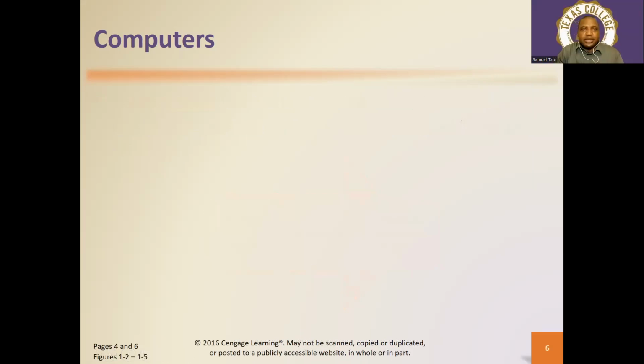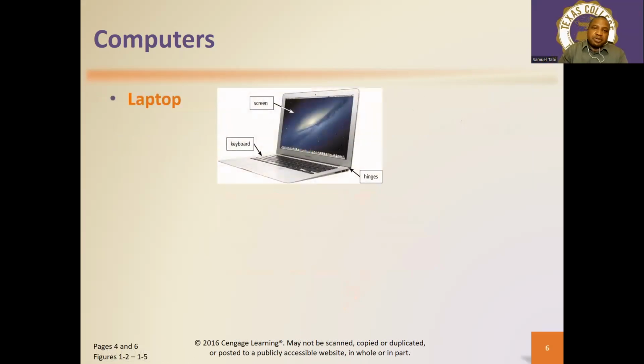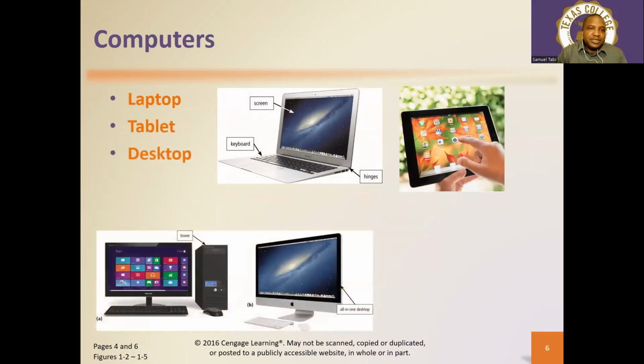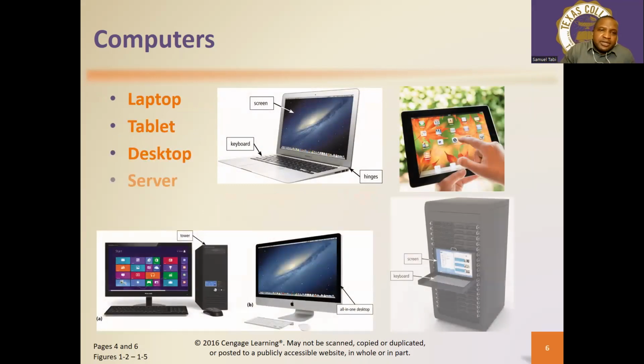When it comes to computers or computing devices, there are different types of computers out there. Laptop, tablet, desktop, server. So this is a picture of a laptop. It has an inbuilt keyboard with a screen. Your desktop is a standalone unit, which is designed to be placed on the desk.